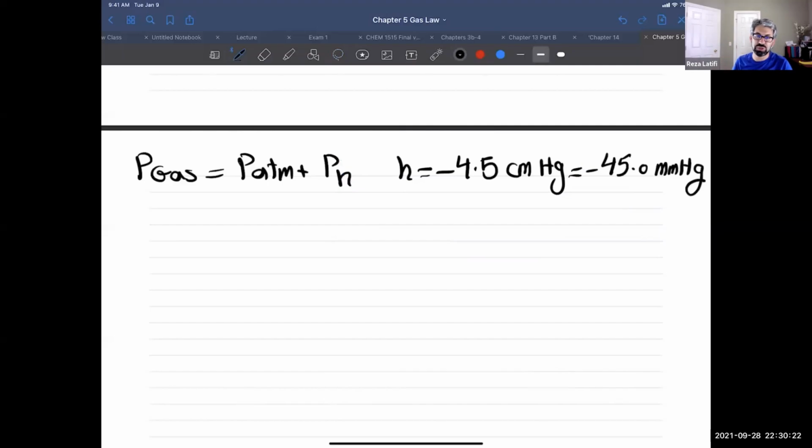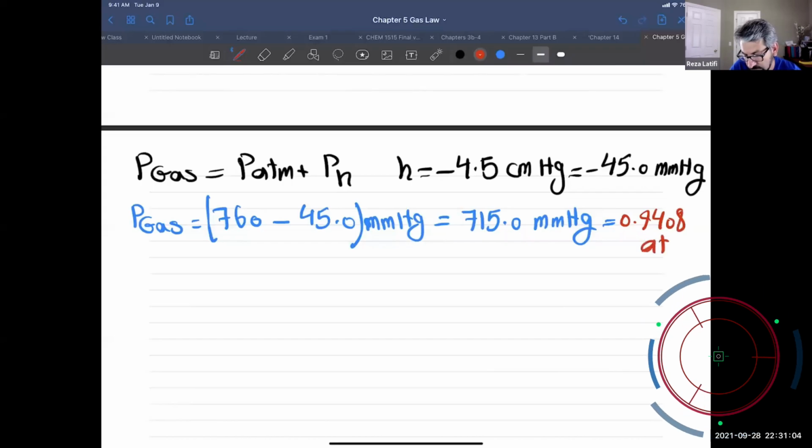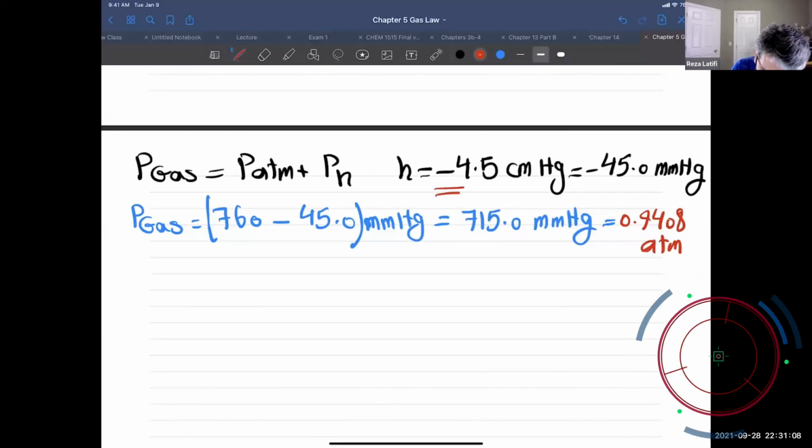That means we have negative pressure. So you say P gas equals 760 minus 45 millimeters of mercury. If you convert it to atmospheres, it will be 0.9408 atmospheres. So the key was this, the negative sign.